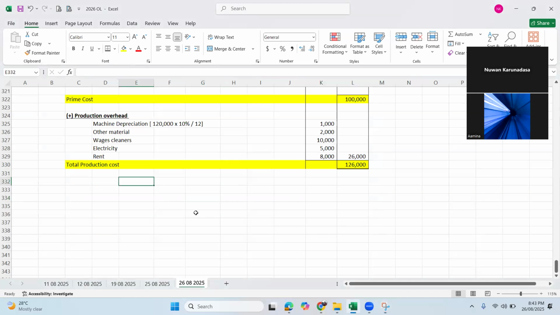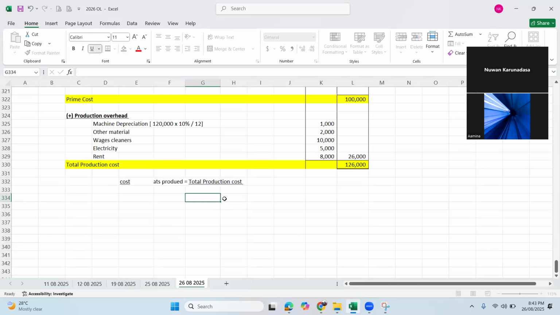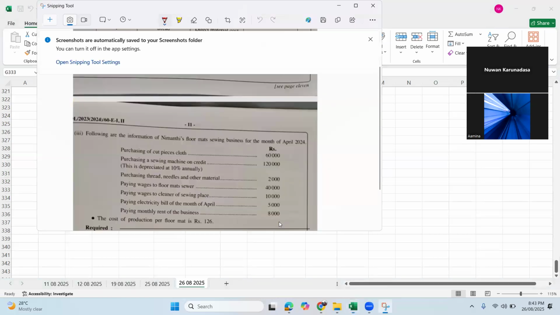Then number of floor mats produced equals total production cost divided by cost per mat.